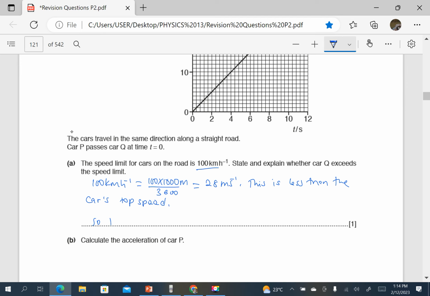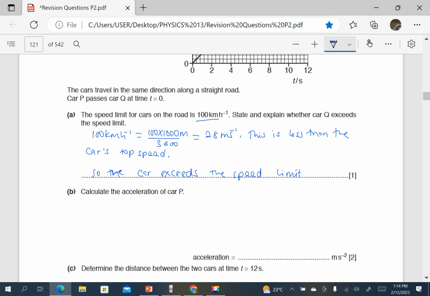So the car exceeds the speed limit, because the speed limit is less than the car's top speed. So the car exceeds the speed limit.